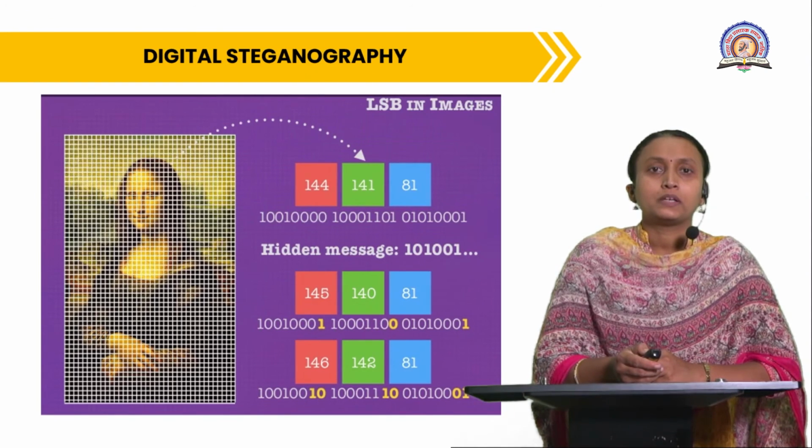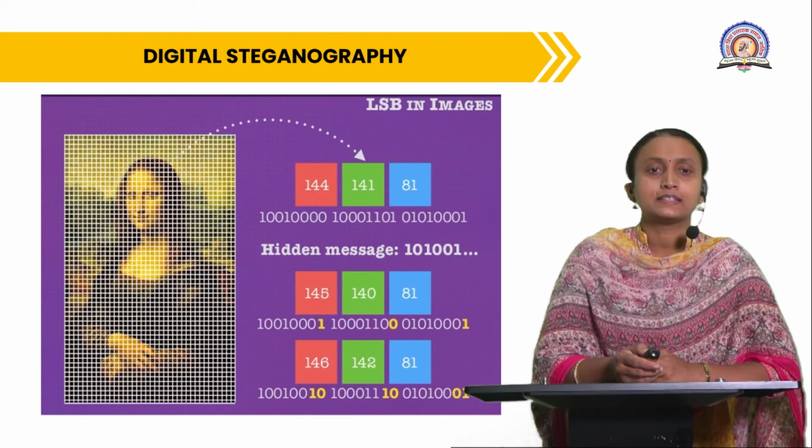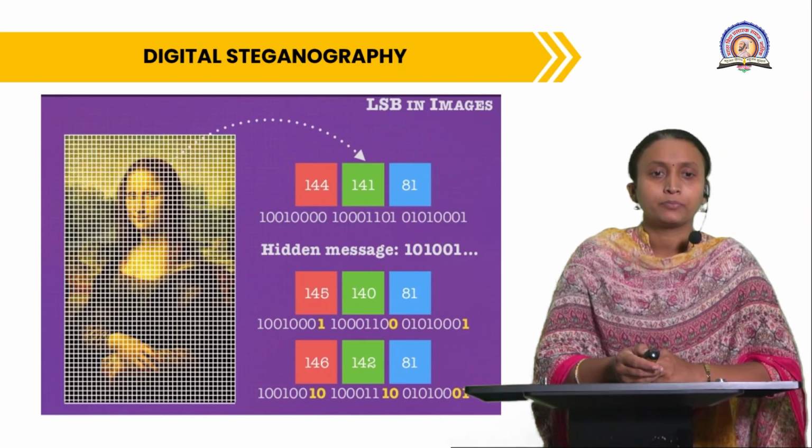This is one of the best examples of digital steganography. In this example, we can see that the first color, that is the numbers 144, 141 and 81, is the actual data that will be stored in the digital image. If you want to transfer a hidden message like 101001, we can change these three numbers into other numbers.